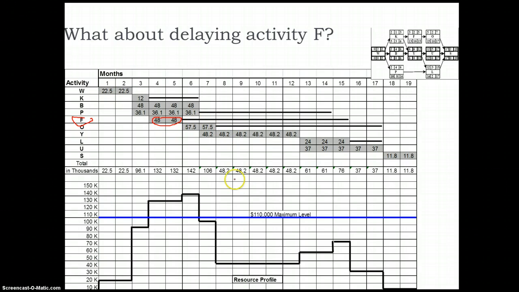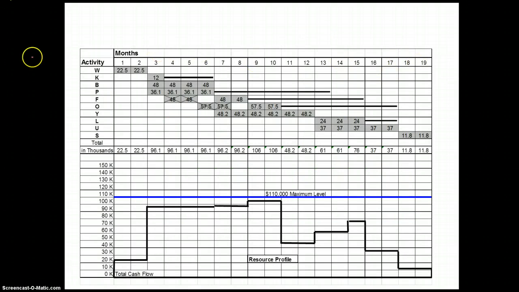But we can see there's a big trough here, and possibly activity F could be delayed, and this would have a minimal impact on the subsequent activities. So I think that looks like a logical case to postpone activity F slightly.